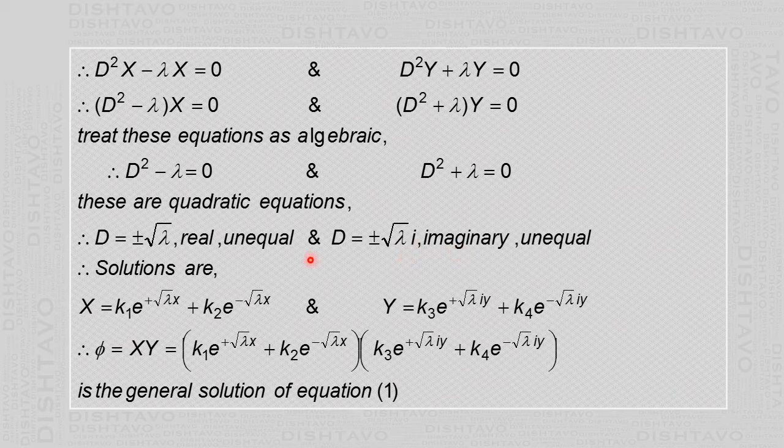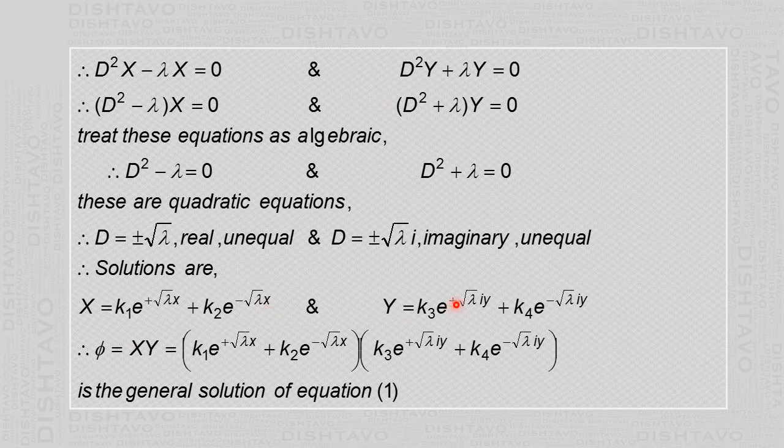And whenever such unequal roots are there, then the solution is given as, for example, for the first equation, d²X/dx² − λX = 0. So X = k1 e^(√λ x), the first root times x, because the first equation is with respect to x, plus k2 e^(−√λ x), the second root, which is minus root of λ, times x, because that ordinary differential equation is with respect to x.